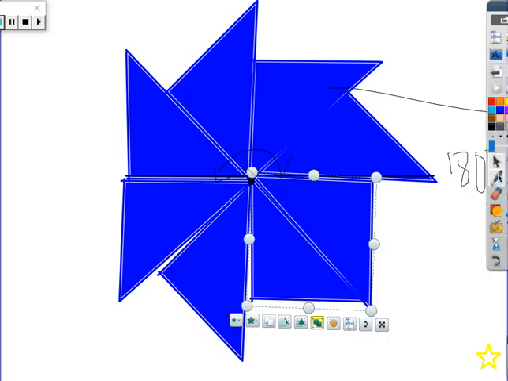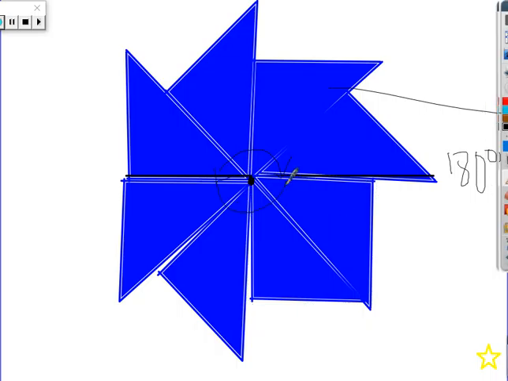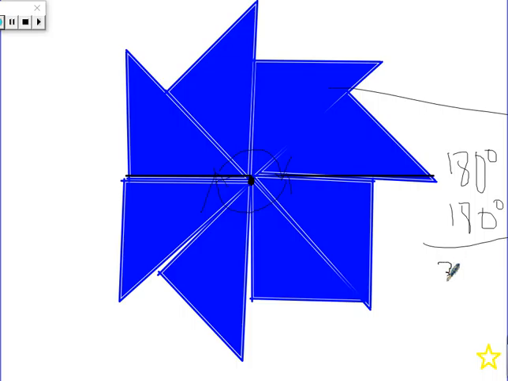Now, if I went all the way around, I would have 180 plus 180 degrees, which would be 360 degrees. And when you have a complete angle, a circle is 360 degrees. And that might help you when you're figuring the degrees.